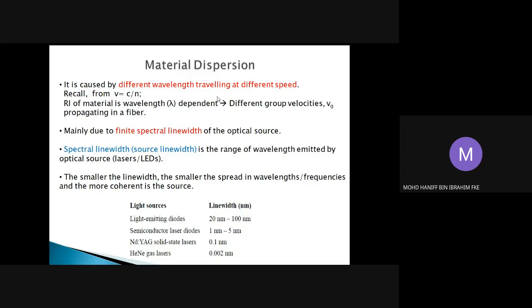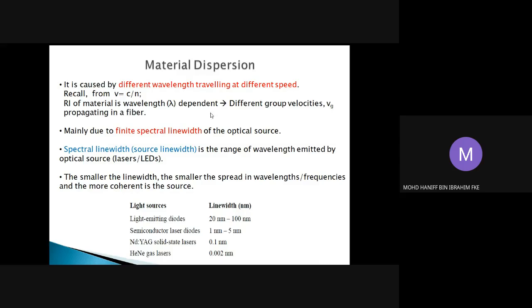So when we substitute these ideas into this equation, different n will give us different velocities as a result of different lambda. So we're going to have multiple velocities in our optical fiber.